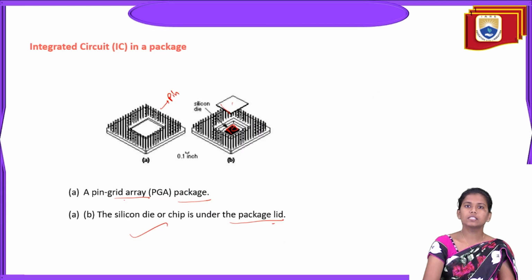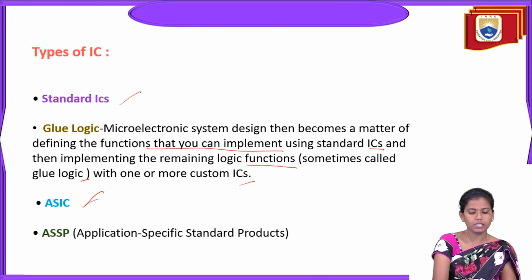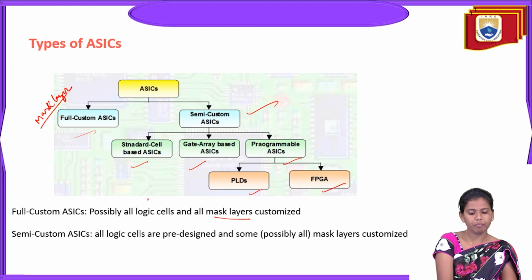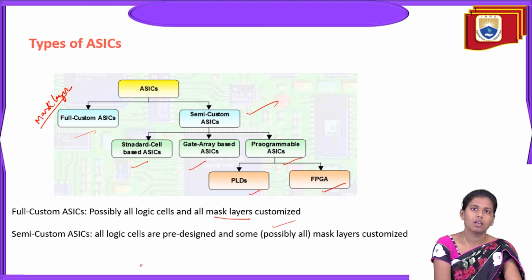Here, we see programmable FPGAs or else full custom ASICs. In the full custom ASICs, all logic cells and all mask layers are customized. So full custom ASICs consist of all the mask layers and the logic cells. Then we go to the semi-custom ASICs. Semi-custom ASICs consist of standard cell-based and gate array based ASICs.